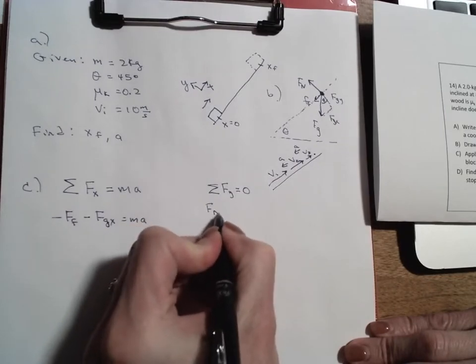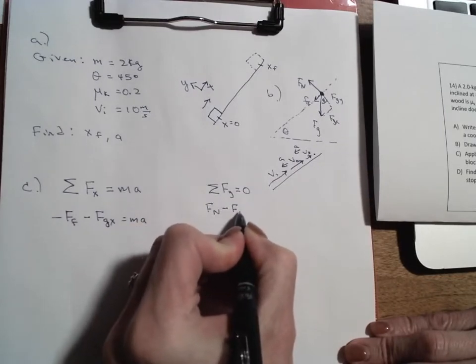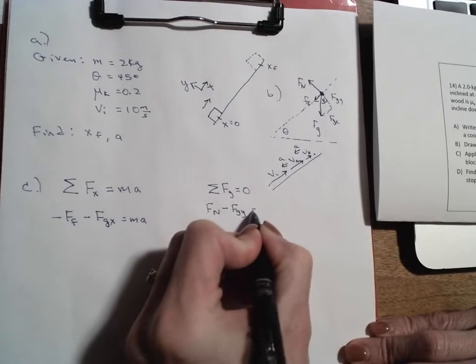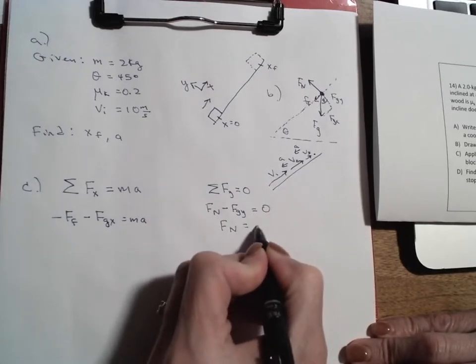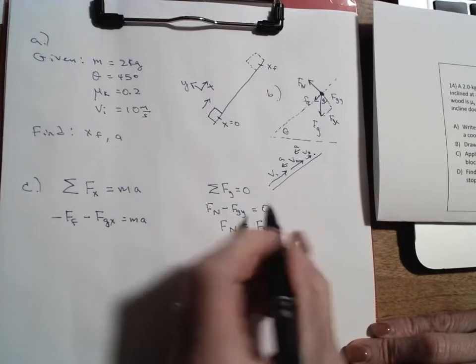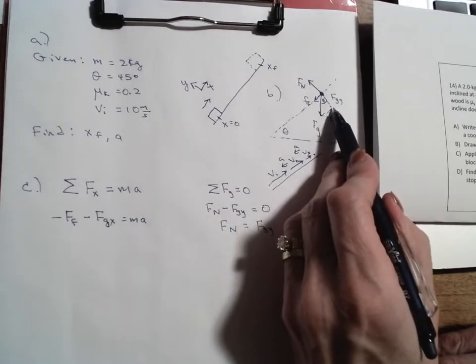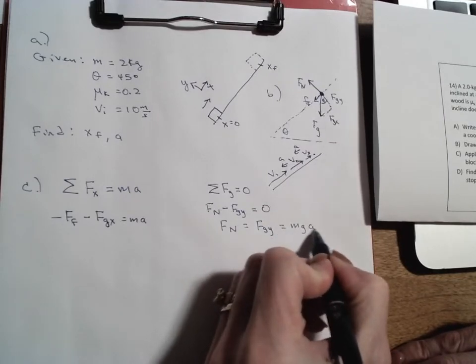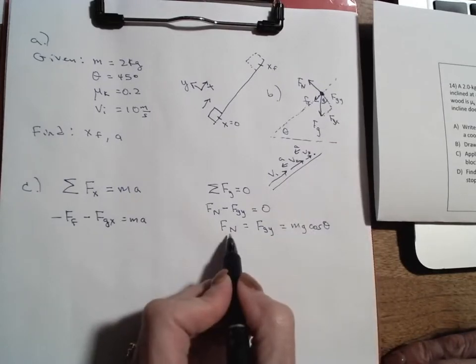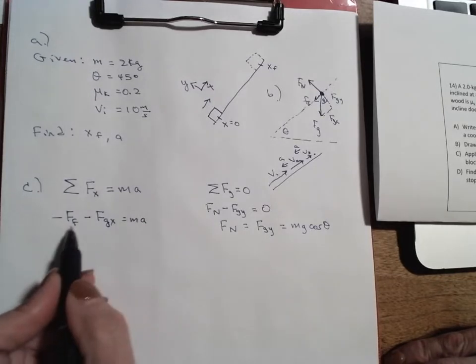So the force of the normal minus Fgy is equal to 0. And so the force of the normal is equal to Fgy. Looking at Fgy, this is adjacent to theta, and so I'm going to have mg cosine theta. And I need the force of the normal because I need to use it for the force of friction.